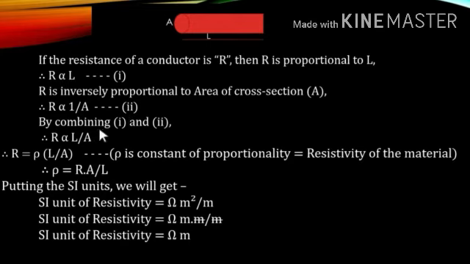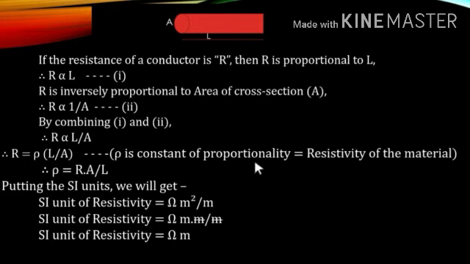Now by combining relation number 1 and relation number 2, we get resistance is proportional to length divided by area of cross section. Therefore, by taking the proportionality constant rho, we get R is equal to rho into length divided by area.